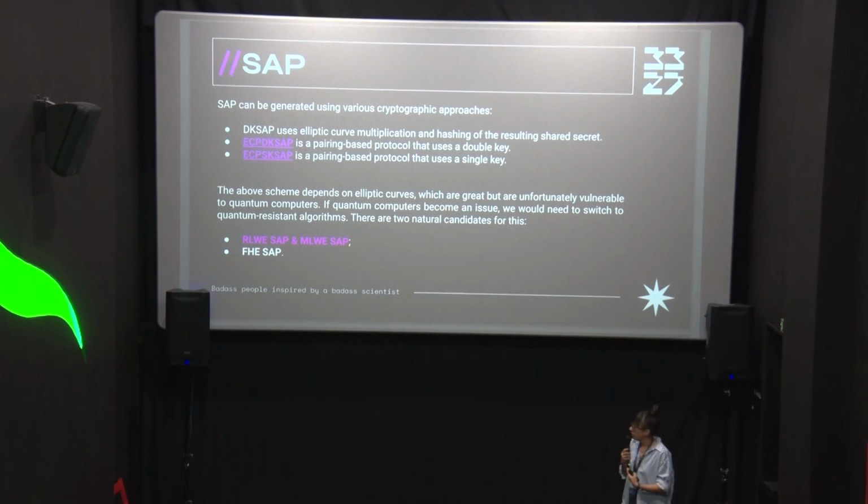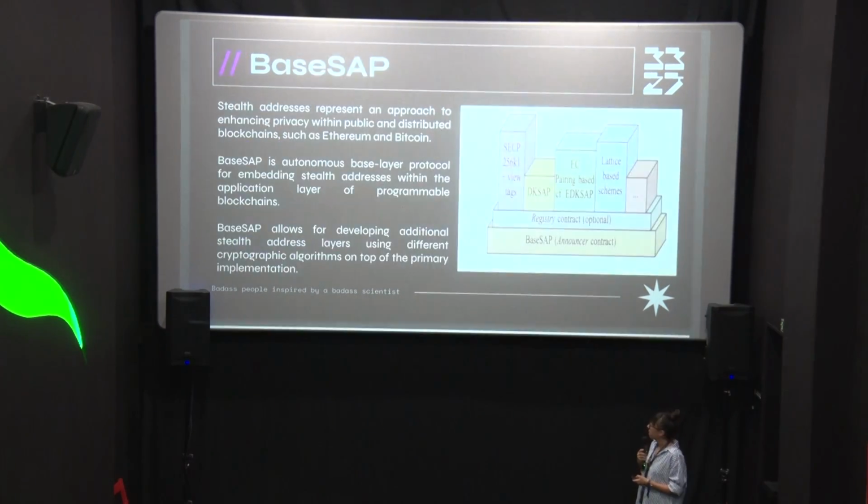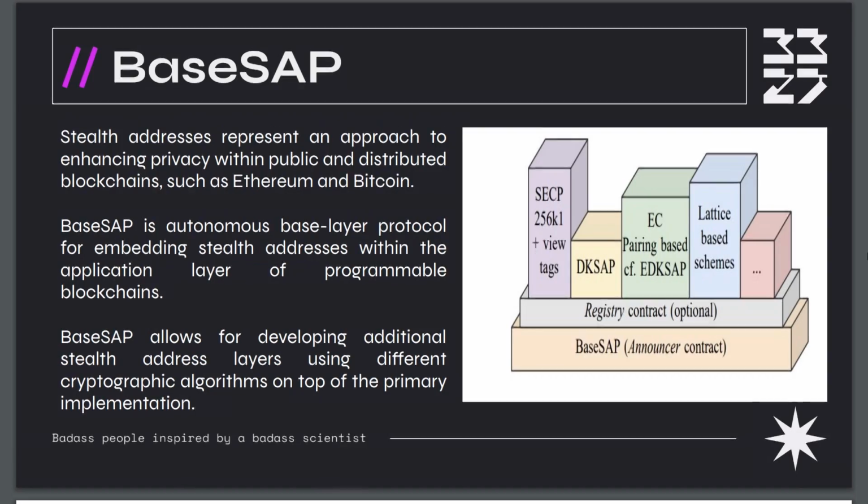And in order to obtain post-quantum security, we can also use fully homomorphic encryption. And what was our motivation to do this? Well, we read the paper on the dual key stealth address protocol that was written by Vitalik and Toni, and they use the Diffie-Hellman approach. So they use the dual key stealth address protocol, and they already implemented some things like these contracts.